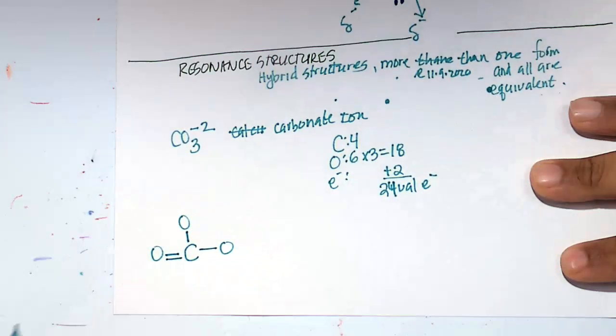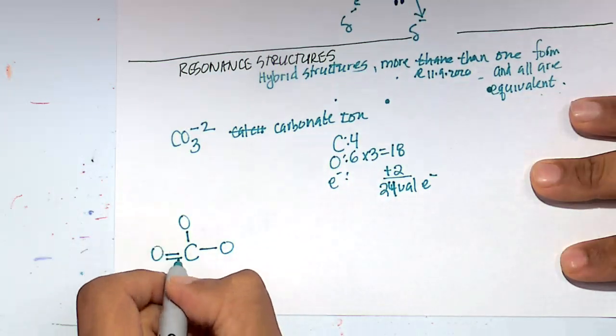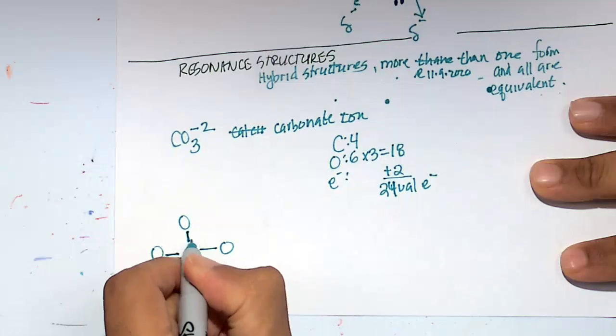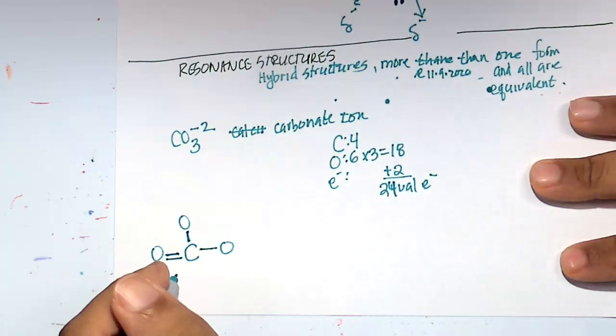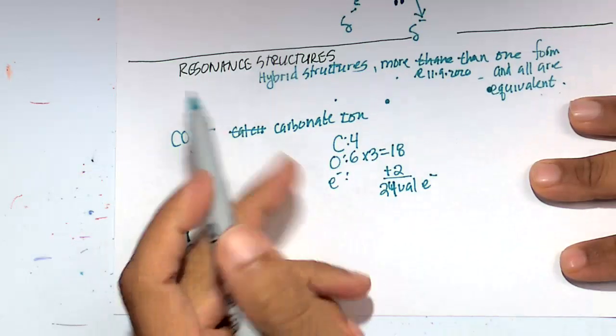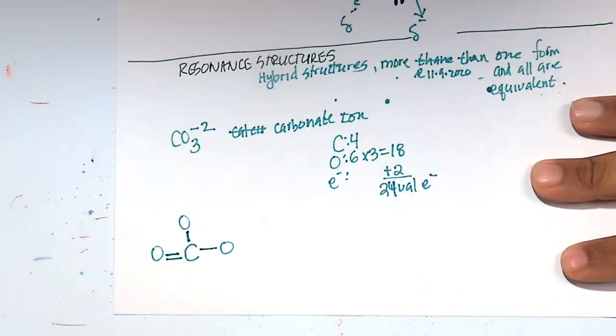That's how you'll get to 4. 1, 2, 3, 4. Carbon loves 4, and it doesn't matter which one it goes to. That's the idea behind resonance.